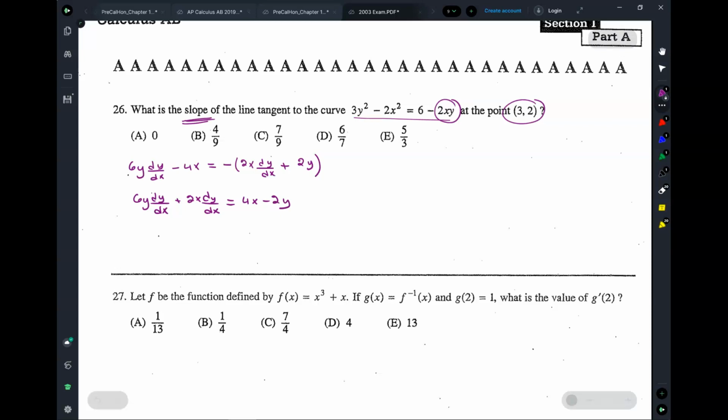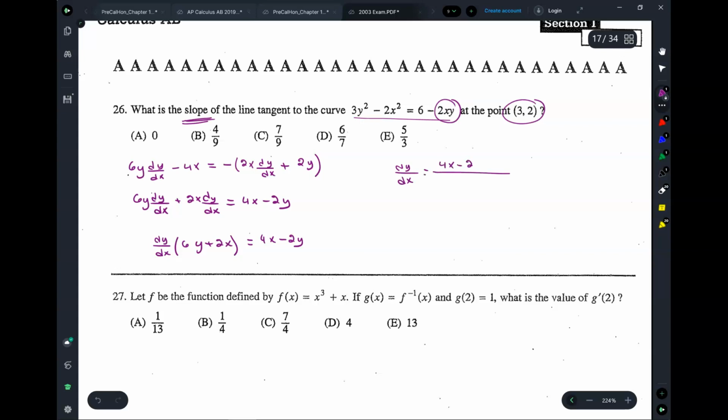dy/dx can be factored out, and I get (6y plus 2x) is 4x minus 2y. So dy/dx is (4x minus 2y) over (6y plus 2x). And now I need to evaluate that at the point (3, 2).